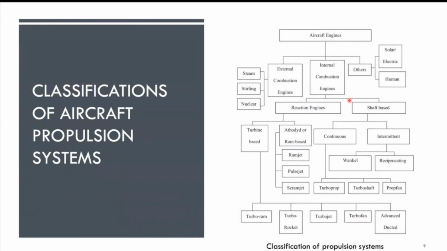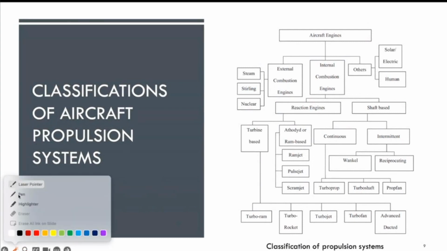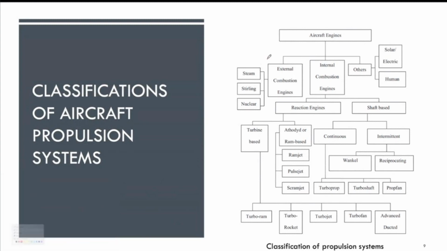If you look carefully here, I hope everybody can see the chart clearly, classification of propulsion system, where in our subject today, we are going to look into the aspect of external combustion engine, internal combustion engine, and other types of engine.